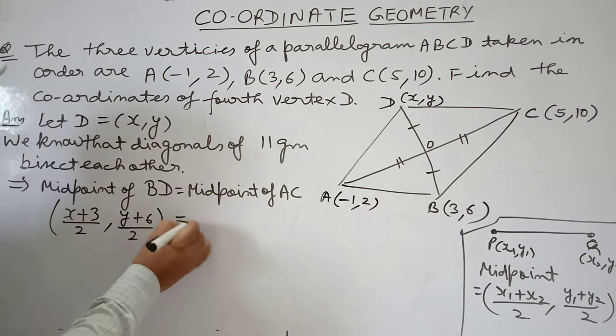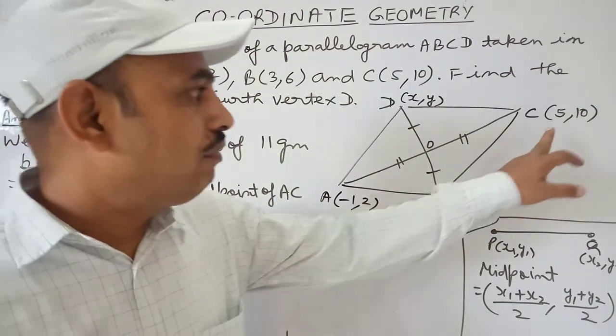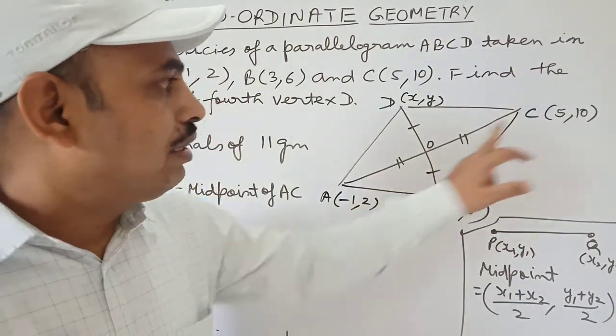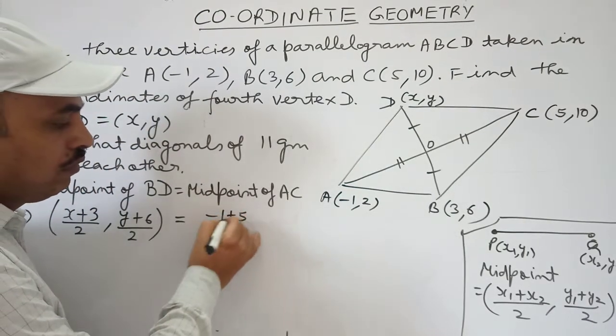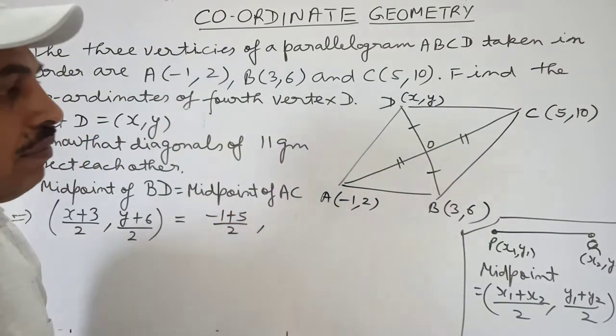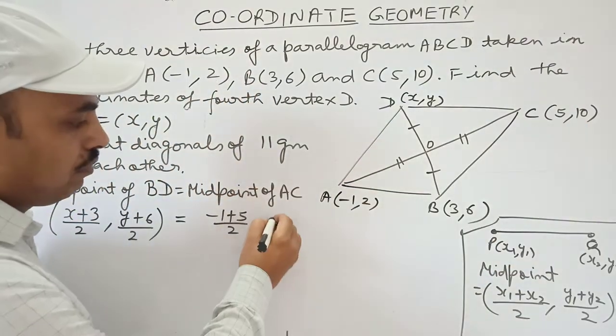Midpoint of BD, midpoint of AC, -1 plus 5 upon 2, comma 2 plus 10 upon 2.